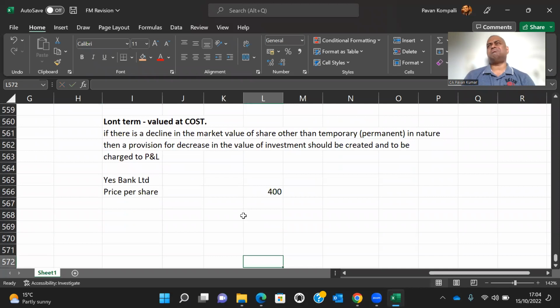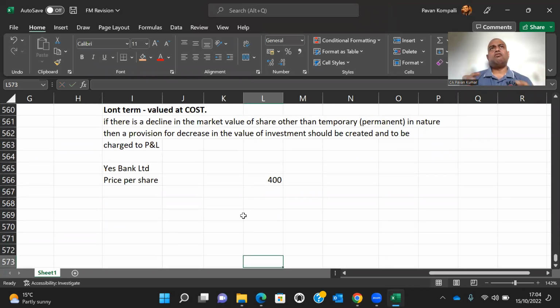It was one of the much sought after, much spoken banks before all this came. We accumulated thousands of shares.